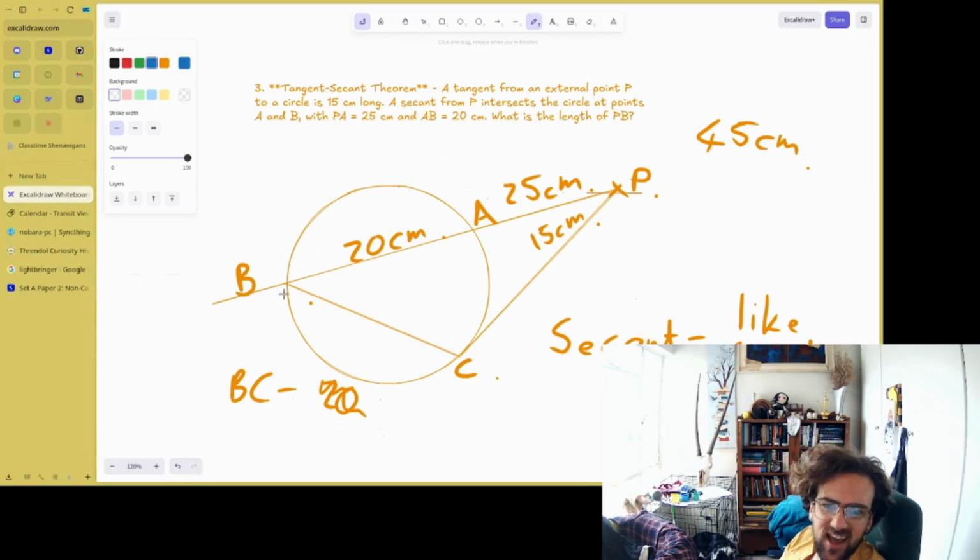Because if this was A and this was B, that's how I did it the first time, but I wasn't sure. So it could be interpreted in two different ways. AB could be 20 and AP could be 25, so this would make this 5. But the question is, what is the length of PB? That's 5 centimeters.